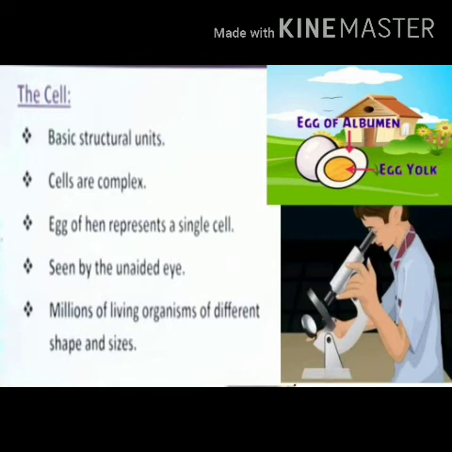We can't see them directly. So they use microscopes which help to magnify the size and see it clearly. And they also make use of certain stains. Stains means dyes that help them to study the different parts of the cell in detail.